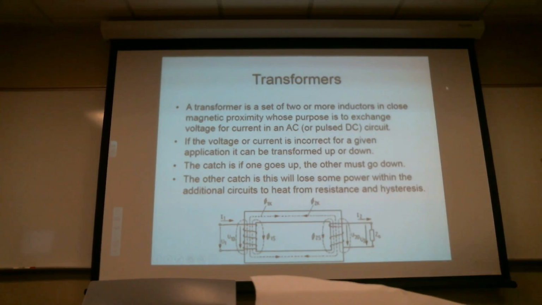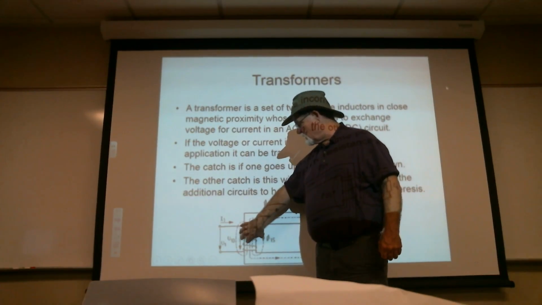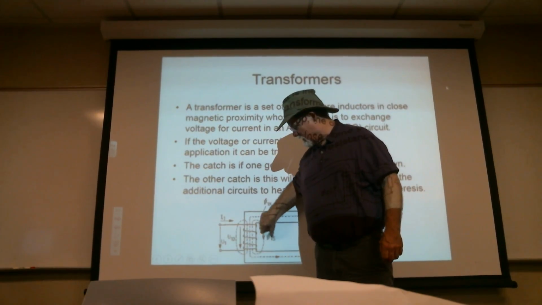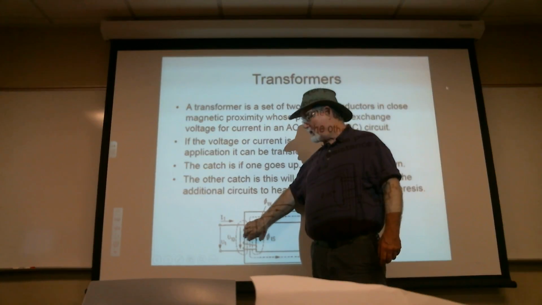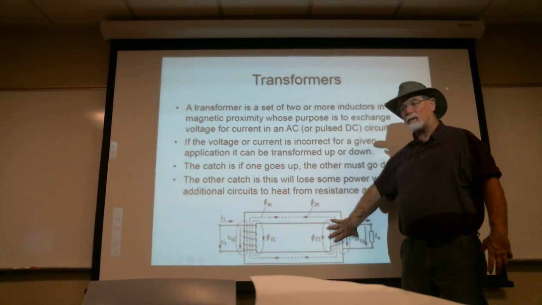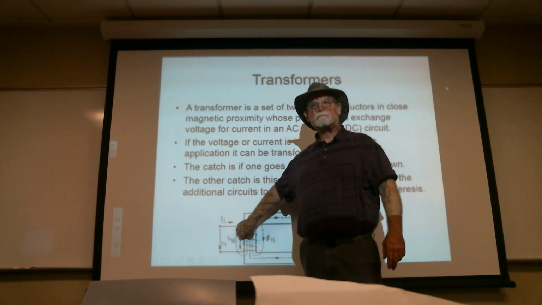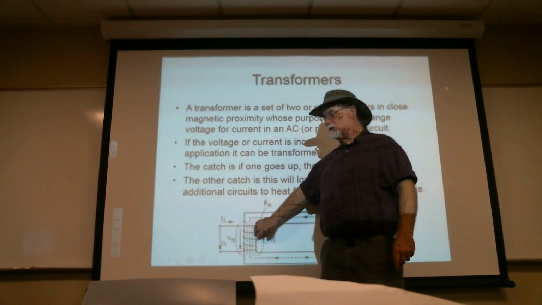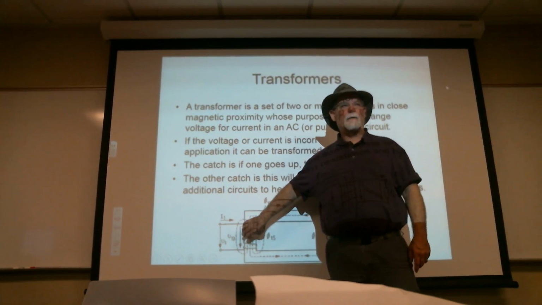As I start inducing a magnetic field in here, it's not going to form out in the air like this. This drawing is a little bit wrong. What it's going to do is jump into here and then jump back out as the magnetic field collapses. Jump back in, jump back out.